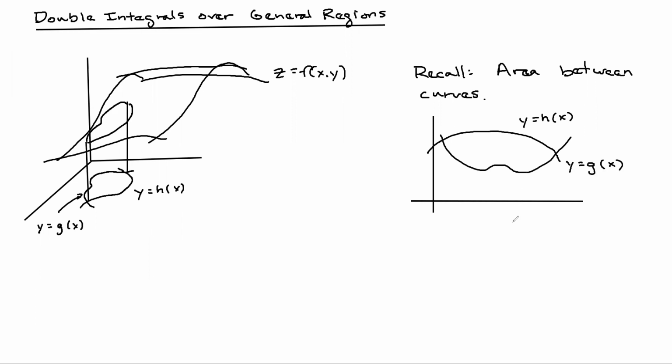If we wanted to find the area between the curves, we ended up finding the integral of h of x minus g of x dx, and where they intersect we'd have a and b, so we would do that from a to b. Effectively, we used a vertical rectangle.